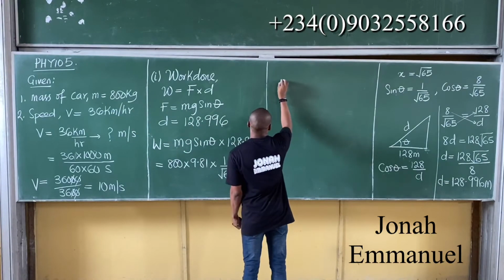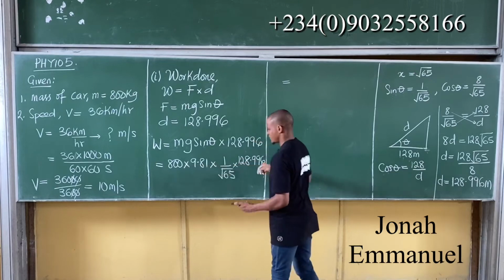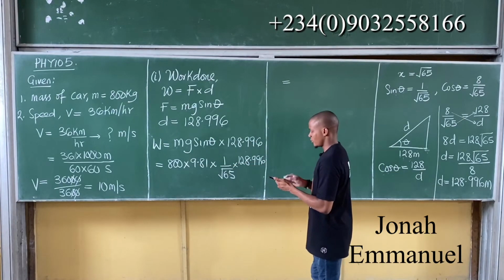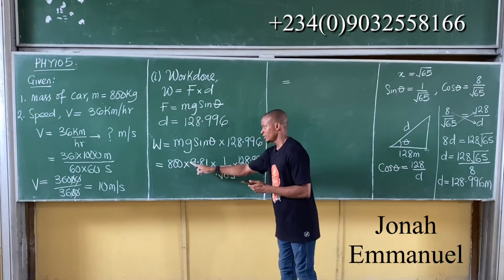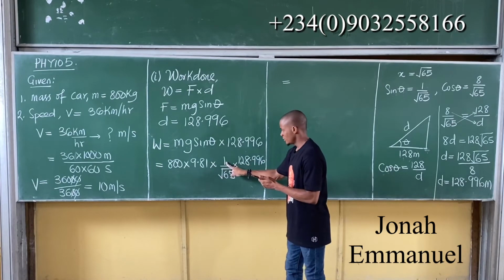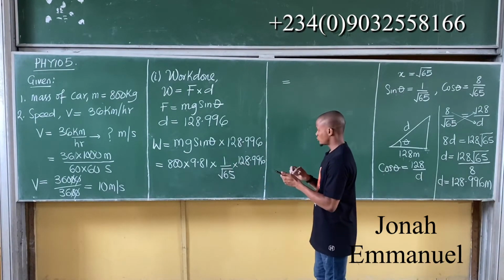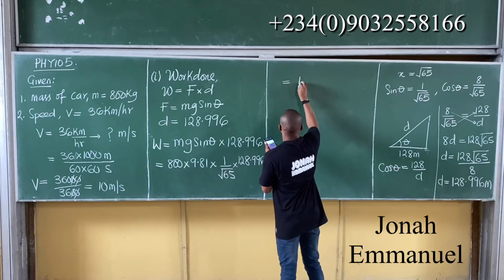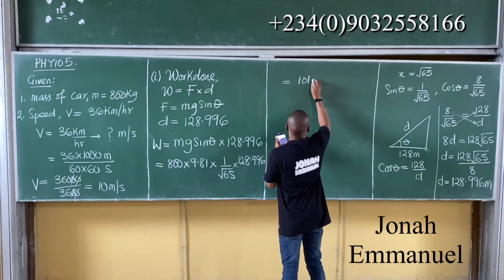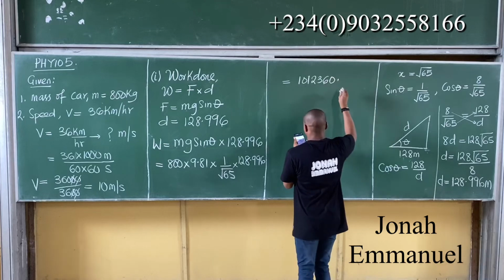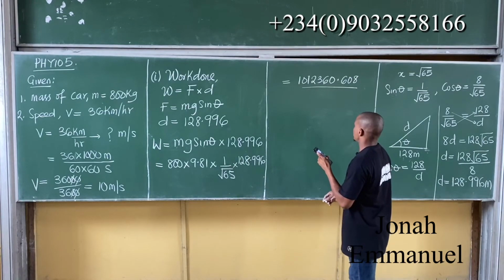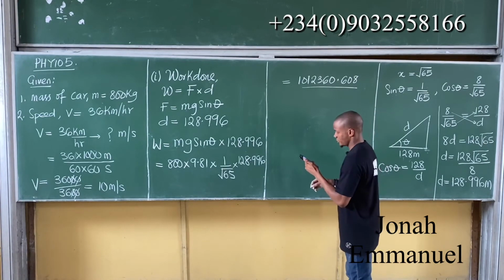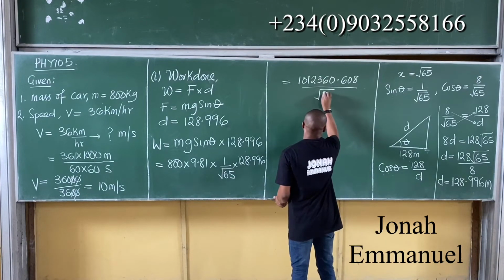Alright, so the work done is now equal to multiplying all of this. If I take the numerator, it gives me 800 times 9.81 times 1 times 128.996. That will give me about 1012360.608, all over root 65.